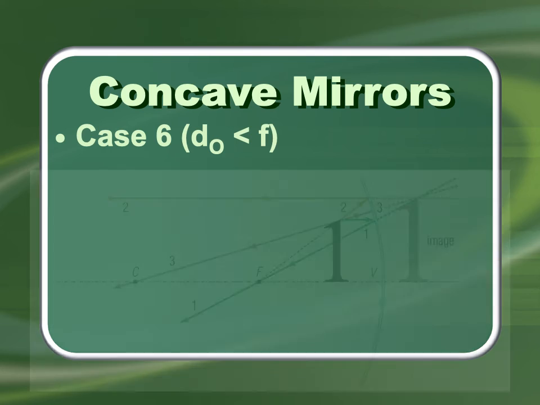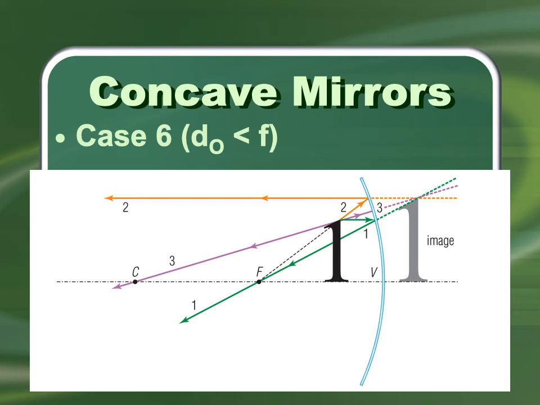And then case number 6, and this is where the image is between the mirror and the focal point. Now this one gets a little weird, but look at how this works. The green arrow, number 1, goes straight into the mirror and then bounces out through the focal point. You can see that. Line number 2, now it doesn't actually go through the focal point, because if it did, it wouldn't go to the mirror.